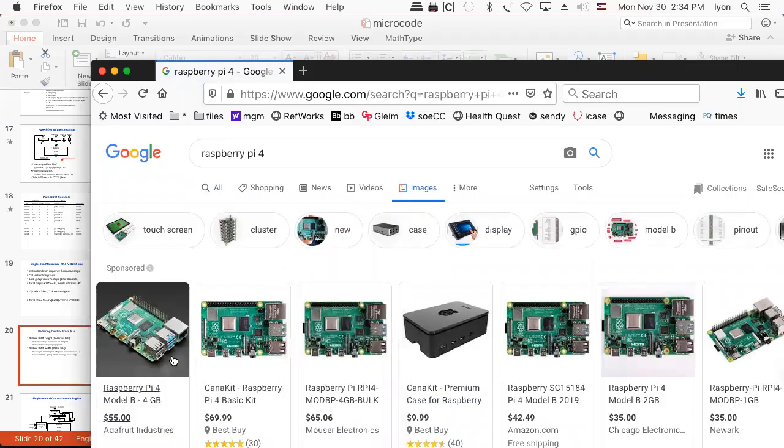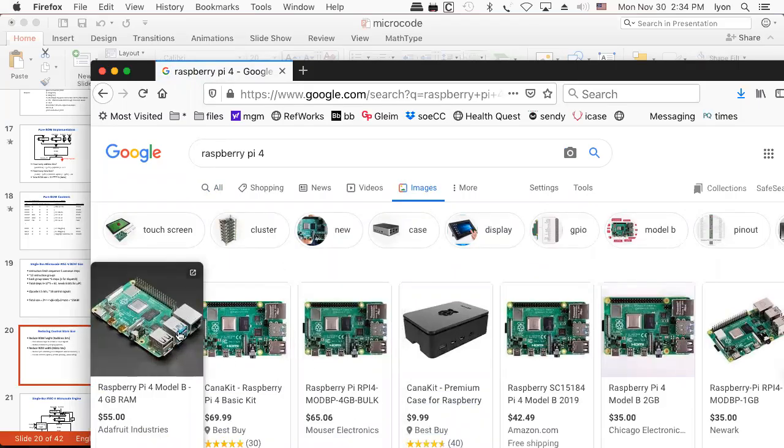So what they did, you can kind of see it in here. These blue USB interfaces are USB 3.0. And this little boxy RJ45 jack is your Ethernet, going at gigabit speed. It used to be that the Raspberry Pi wouldn't support gigabit Ethernet, and it wouldn't support USB 3.0, but now it does. But it came at a price.